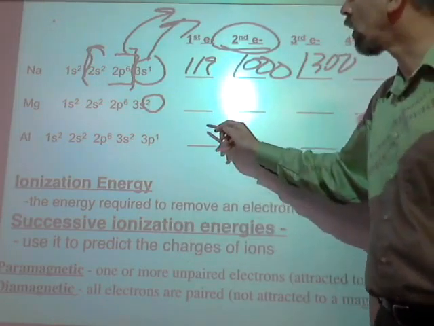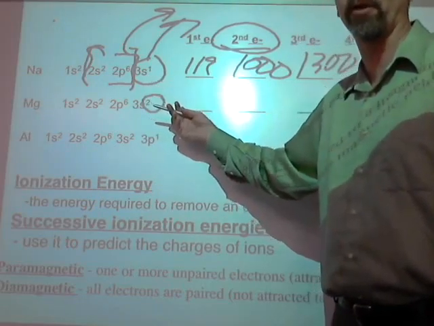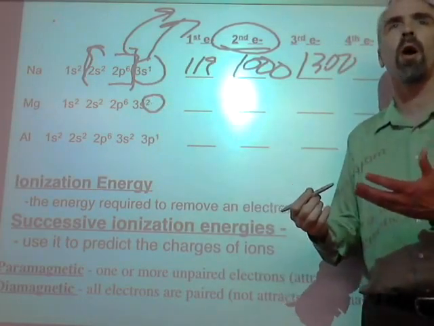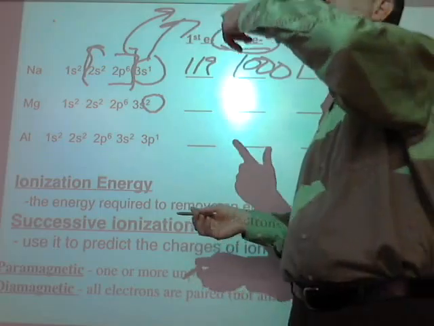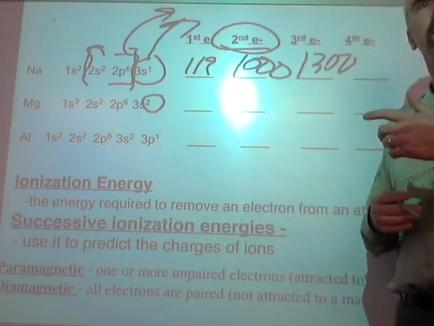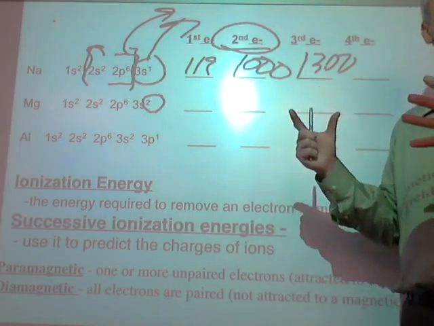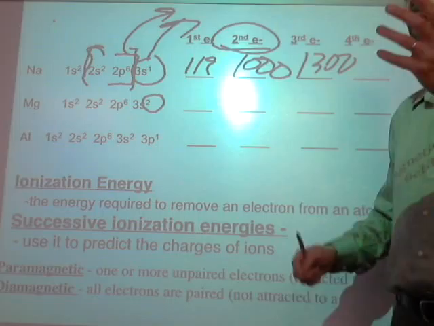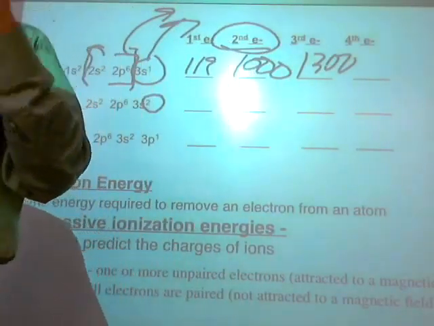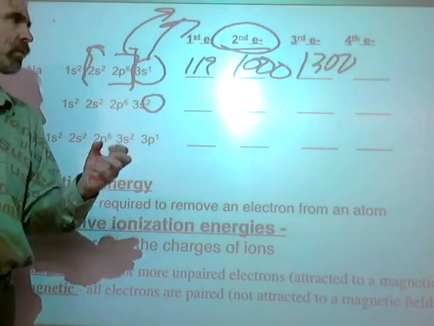Two, as I go across the periodic table, I'm adding a proton and an electron each time, increasing the charge. Remember what happens to the size of the atoms as they go across? They get smaller, because you're getting more and more positive charge and more negative electrons pulling them closer together. That's called Coulomb's law. The stronger the charge, the closer together they are.